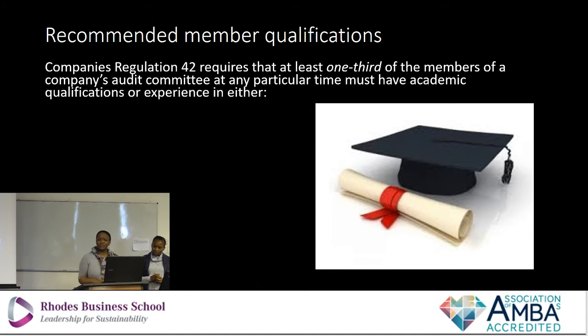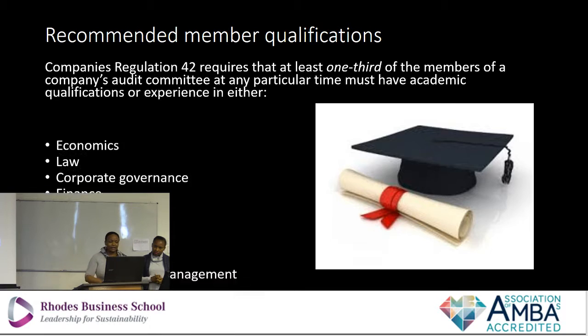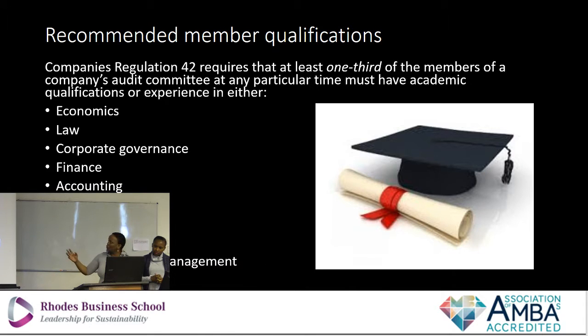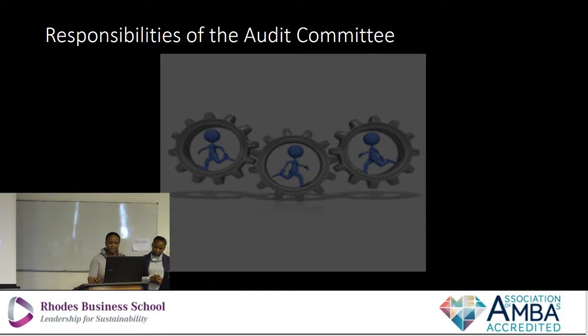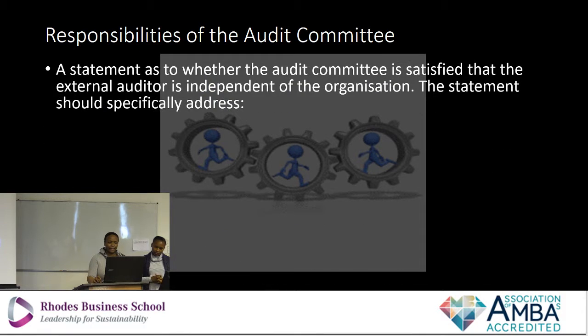Company Regulation 42 requires that at least 1/3 of the members of the company's audit committee at any particular time must have academic qualifications or experience in either economics, law, corporate governance, finance, accounting, commerce, industry, public affairs, or HR management. I will give it over to you to continue.